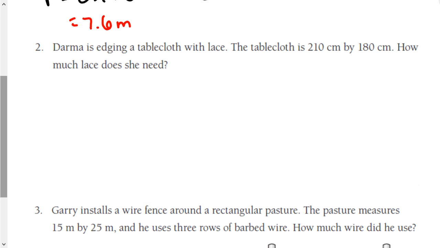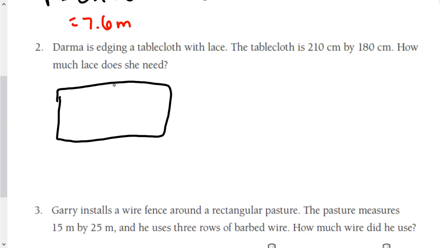Dharma is edging a tablecloth with lace. The tablecloth is 210 centimeters by 180. How much lace does she need? This one we can use a formula, or we can just add them. I'm going to show you that they do the same thing.